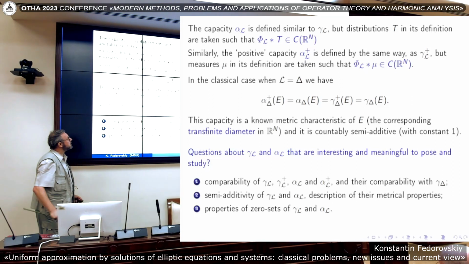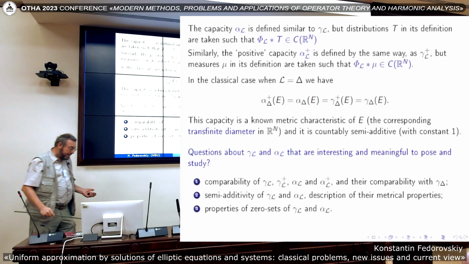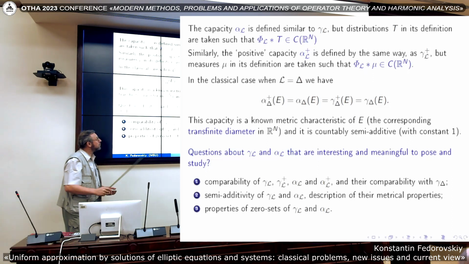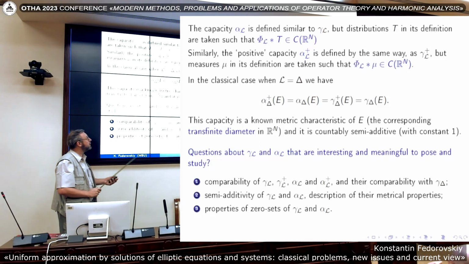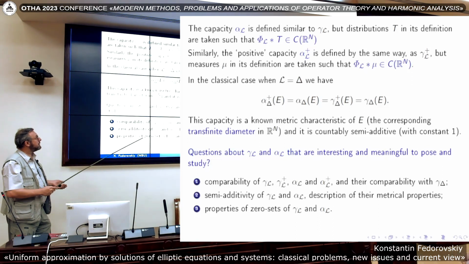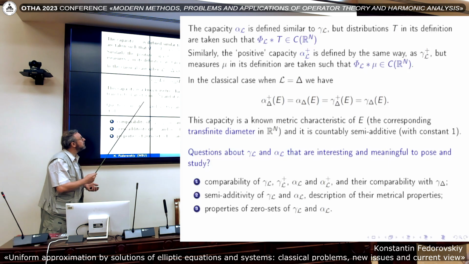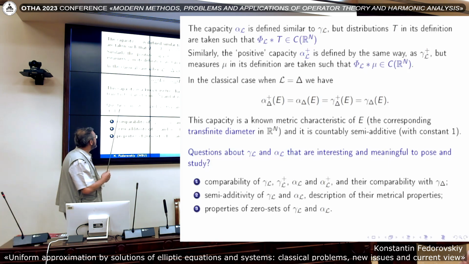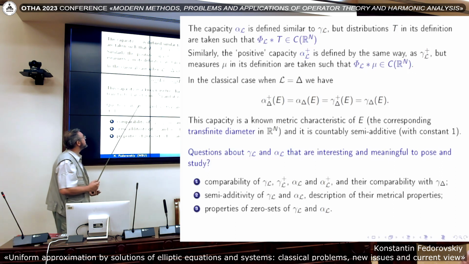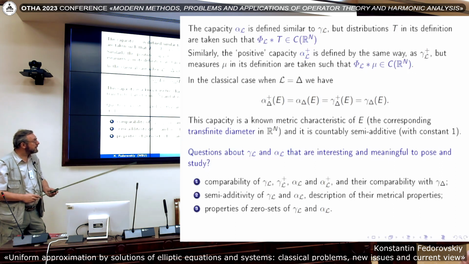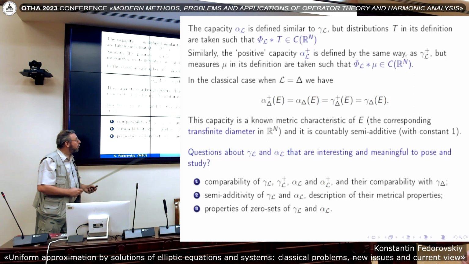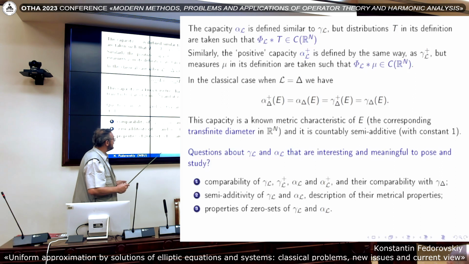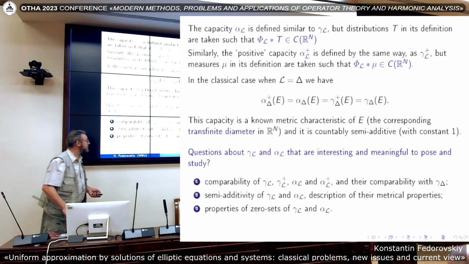It is the typical classical harmonic capacity, or Wiener capacity, which is very well known, and this capacity can be described in purely metrical terms. It is just the corresponding transfinite diameter in the respective dimension. Of course, this characteristic is countably semi-additive and has many interesting properties.